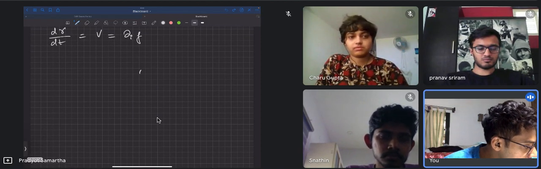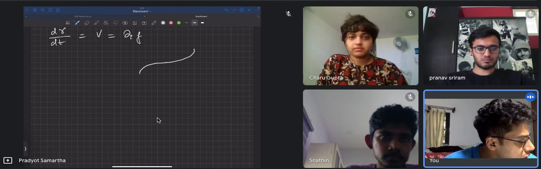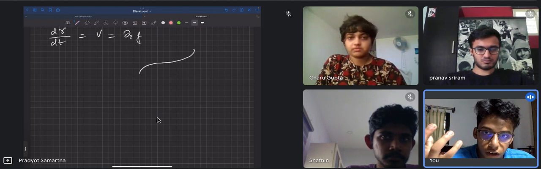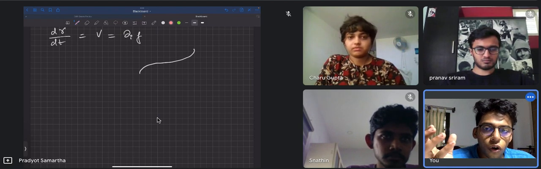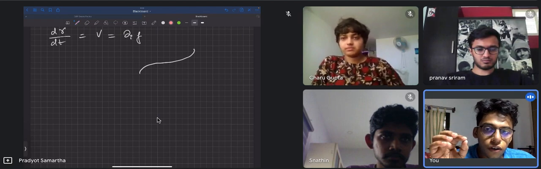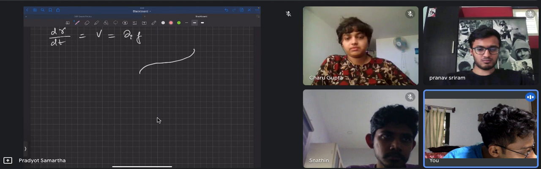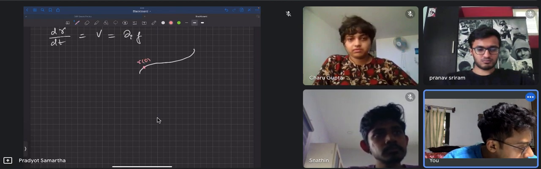Suppose you have a given curve. And apart from just the geometric picture of the curve itself, you can also talk about a flow of a point from one point in the curve to another point. So you can say this is gamma of 0 and this is gamma of t.